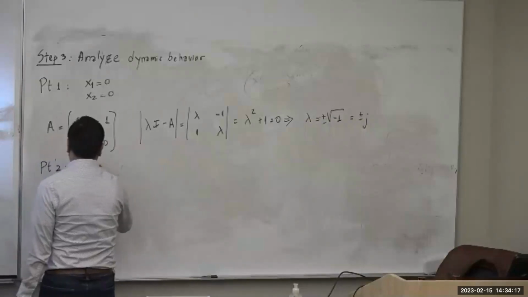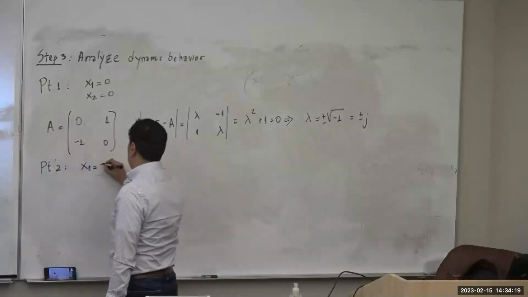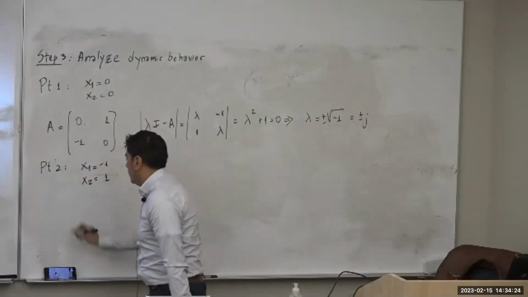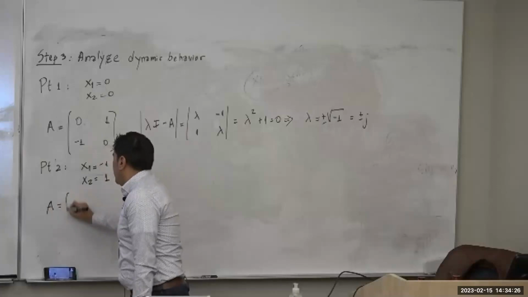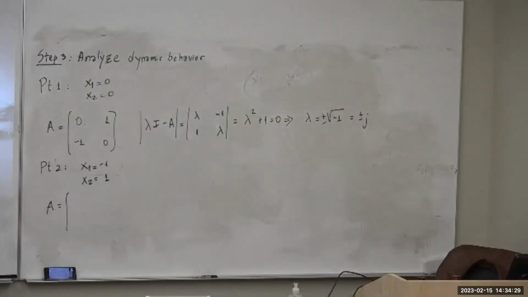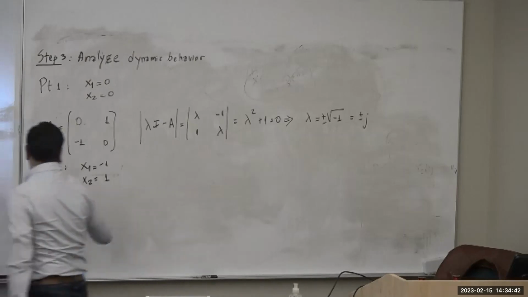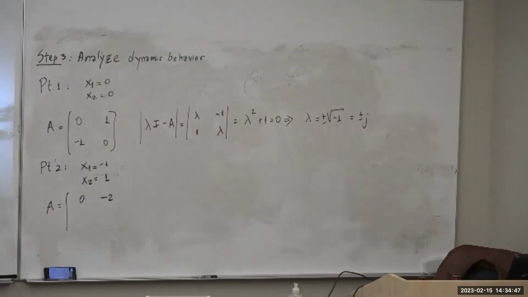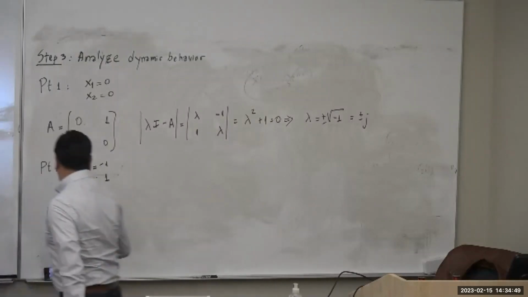Point 2: x1 is -1 and x2 is 1. The matrix in that case is: on top, 0 and 1, and on the bottom, -1 and -2.